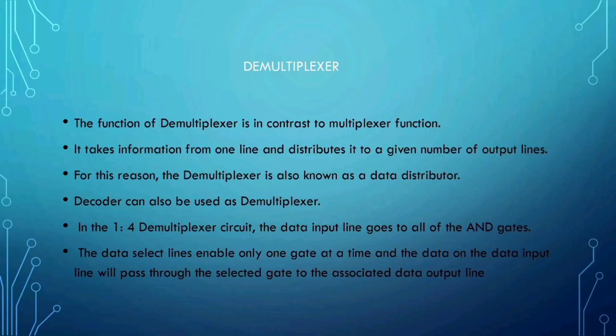Demultiplexer. The function of a demultiplexer is in contrast to the multiplexer function. It takes information from one line and distributes it to a given number of output lines.